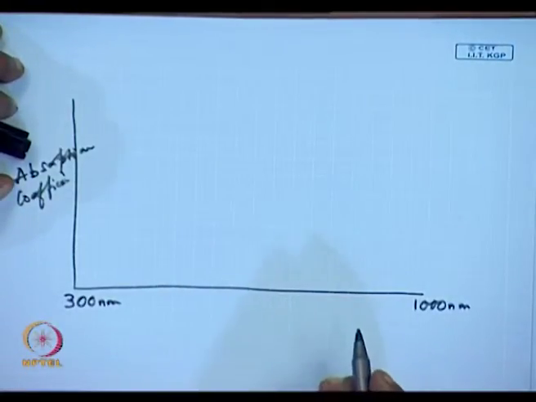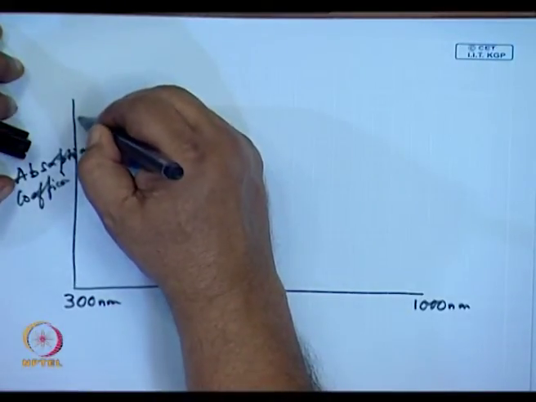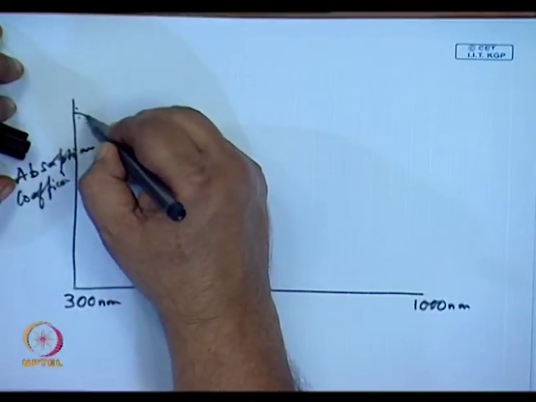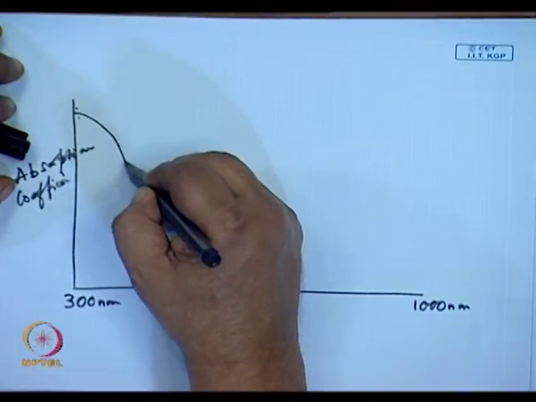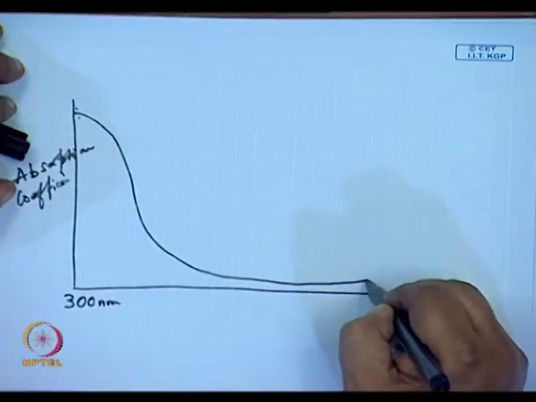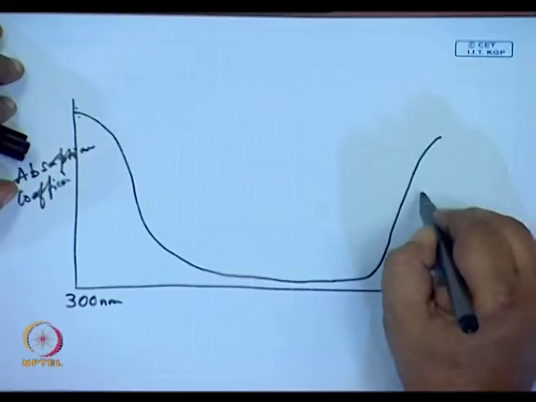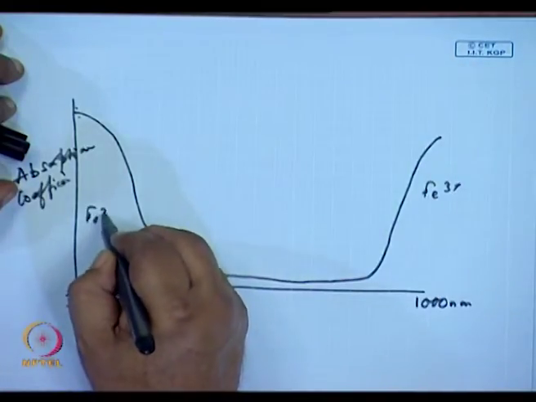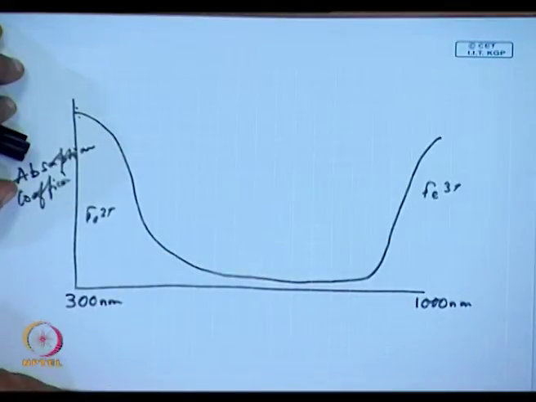If a glass is made from impure sand, what would happen? Fe2+ absorbs in the ultraviolet range. As it goes more towards the visible, the absorption falls off, and then in the IR range Fe3+ starts absorbing. So, this is Fe2+ and Fe3+.